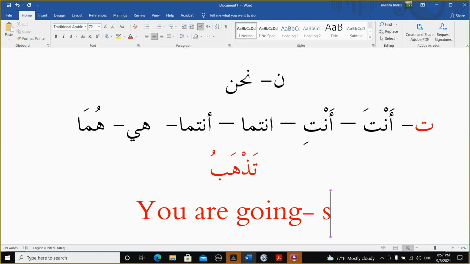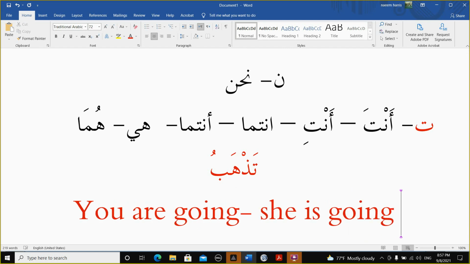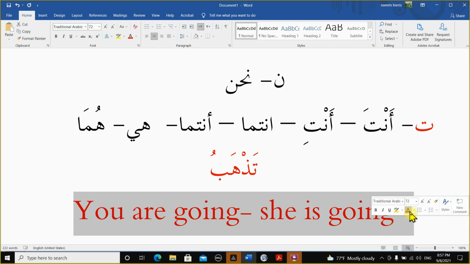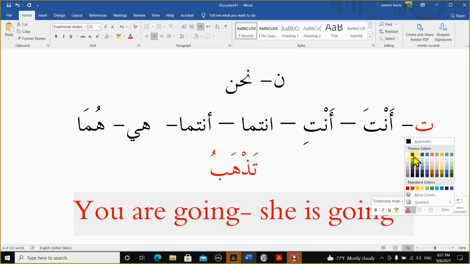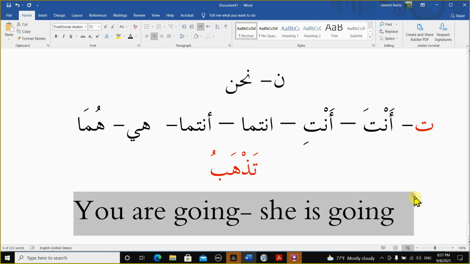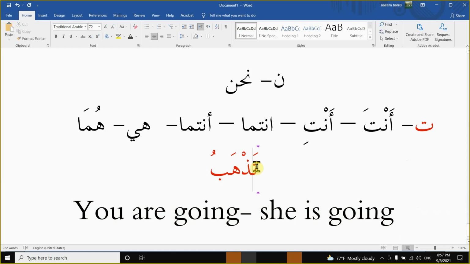It can also be she is going, because of the ta. One of the best ways is just to practice with it. The more you study it, the more you learn.